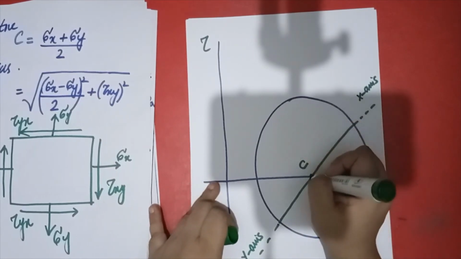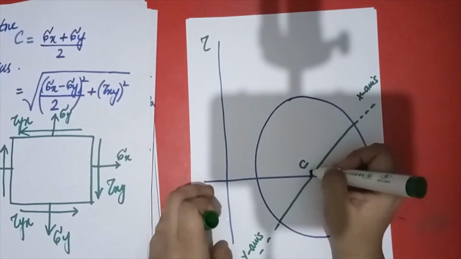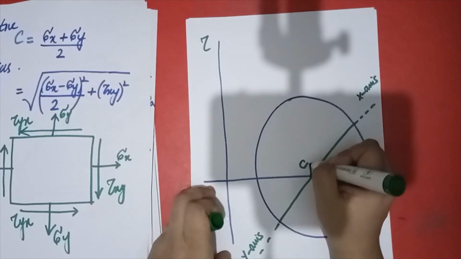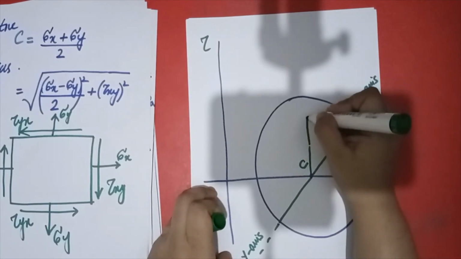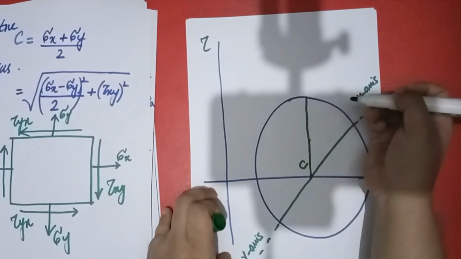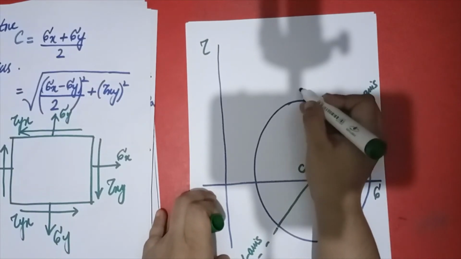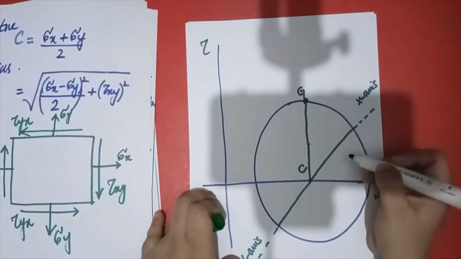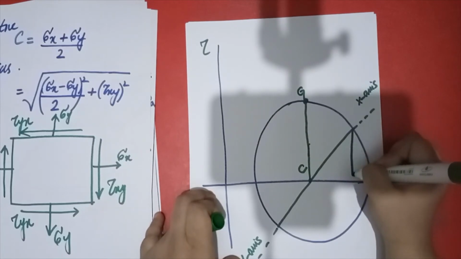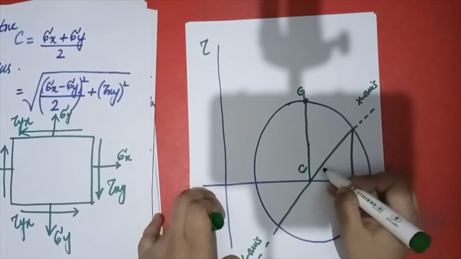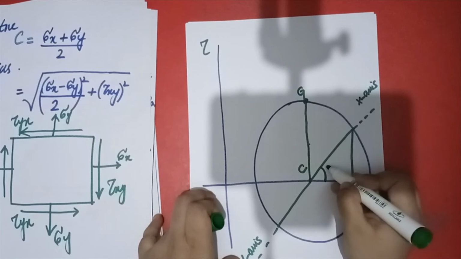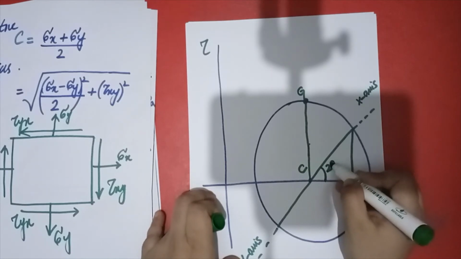Then what we have to do, we have to carry out the distances. For example, I'm just going to draw a line over here, and this point is known as G. So this is your perpendicular height, and always keep it in mind, this is 2 theta.